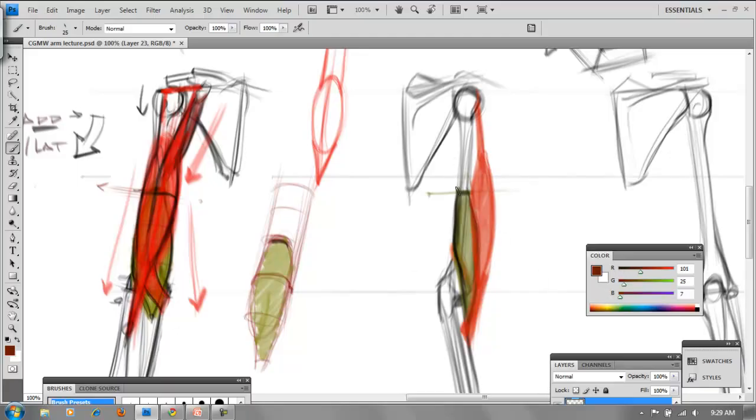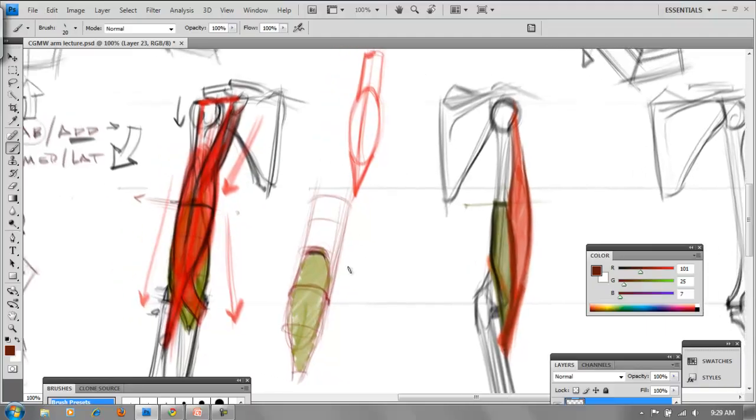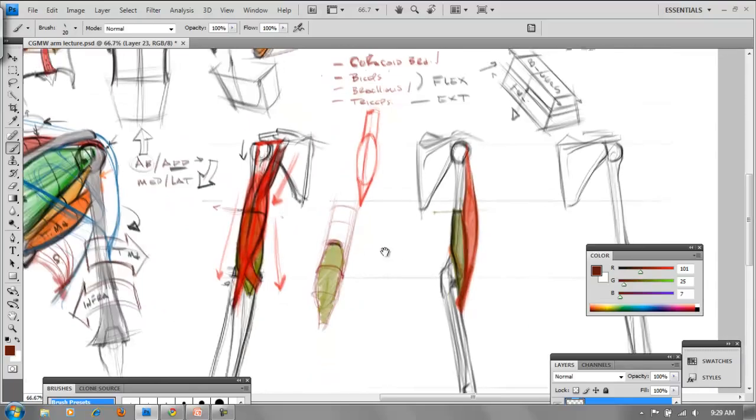Get some overlaps here to make sure that we see the form shifts down and in front. So nice large stretched mass. And that is our flexor group.